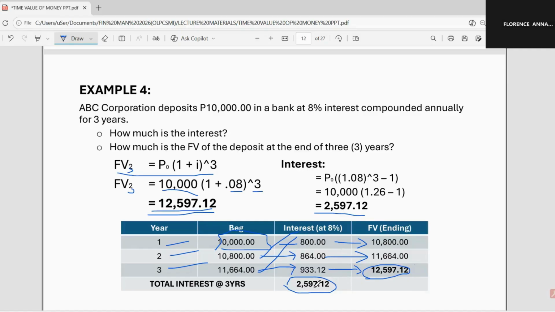So if you add this, you'll get also 2,597.12 total interest in 3 years. So just to emphasize again, in compound interest, you also earn interest from your accrued interest, not just sa principal.